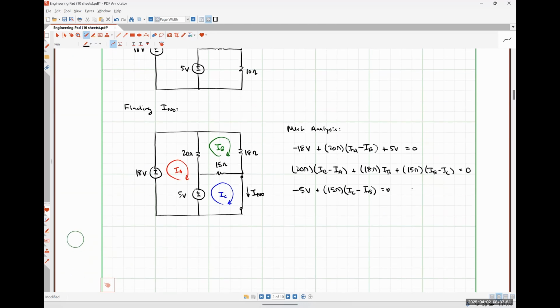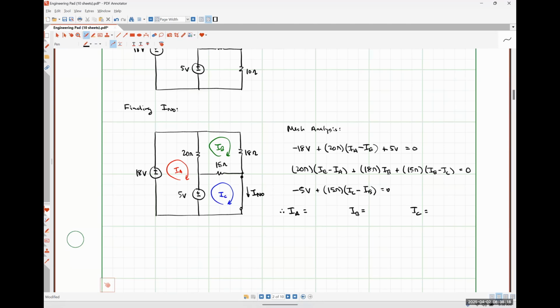So I'm going to throw this in my calculator here in just a second, but I'm going to leave myself space. So here's IA, IB, and IC. My coefficient for IA in my first equation is 20. My coefficient for IB in my first equation is negative 20. My coefficient for IC in my first equation is 0.